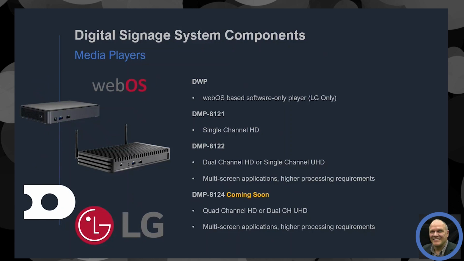I mentioned very soon we'll have a 4-channel device, so picture the 8122 with 2 additional channels of HD output, and we're aiming for 2 channels of ultra high def or 4K output from that device. Think of that as the 4-channel big brother that would be supporting multi-channel things like digital menu systems or video walls that require not only more channels of output but additional processing horsepower as well.